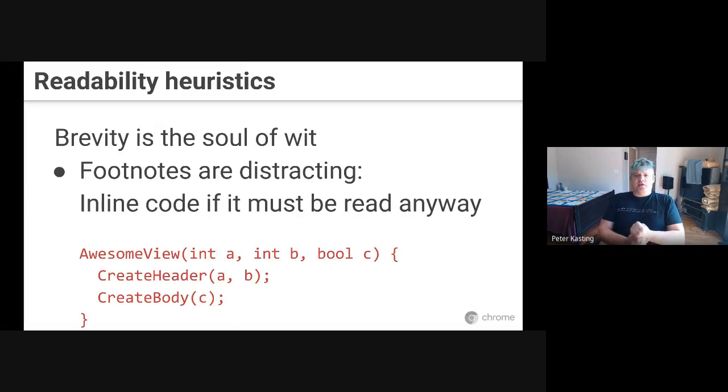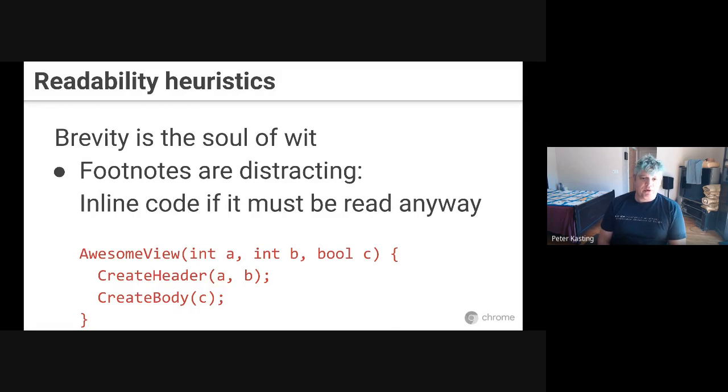Footnotes are distracting. So if I have to read some code anyway to understand what you're doing, then prefer to inline it. This is kind of hard to show in an example that takes very few lines. But say I have some constructor of AwesomeView and it takes several different arguments, and all it does is create header and create body. On the one hand, that's really great and very readable because now I know that AwesomeView creates a header and a body.